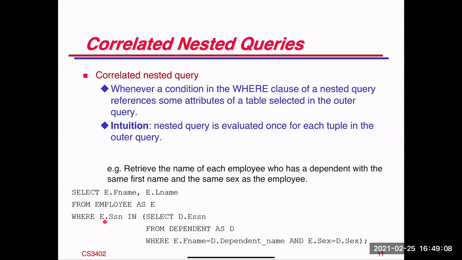All right, and this where condition says that we only want to select those employees that are in this result set of our nested query. So we have this requirement that the social security number needs to be in this result set. And from that, we return the first name and last name.